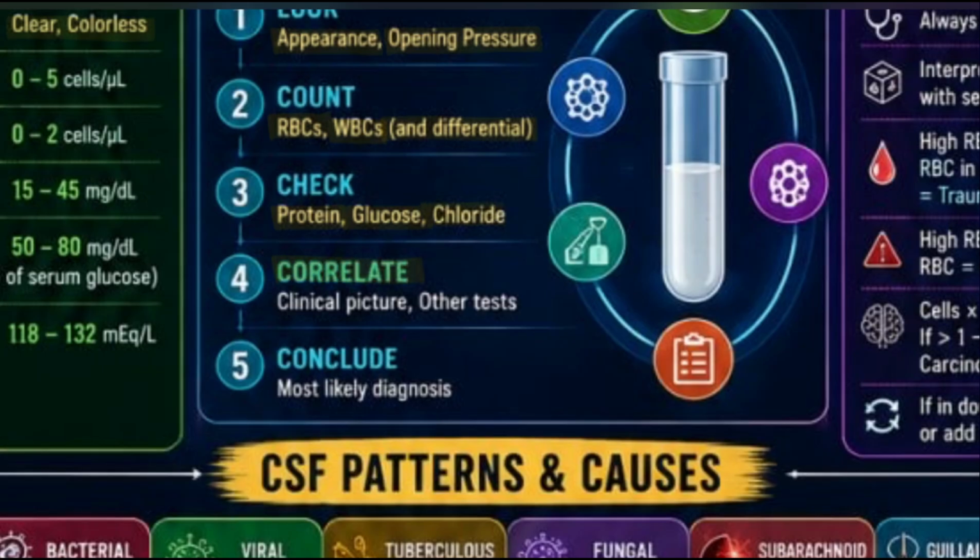Next we correlate with the clinical picture or symptoms, and any imaging if available, along with other lab tests or clinical examination. At last we give the final diagnosis, the most likely diagnosis, like a final conclusion. Okay, so these are the 5 steps we follow for interpreting cerebrospinal fluid.